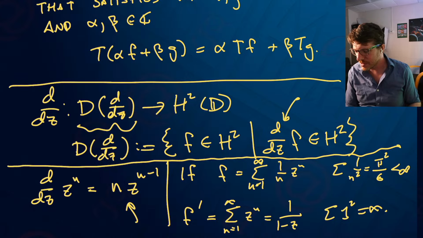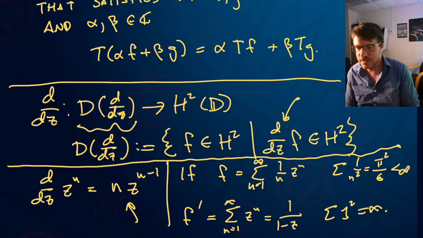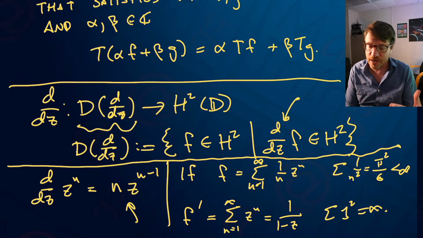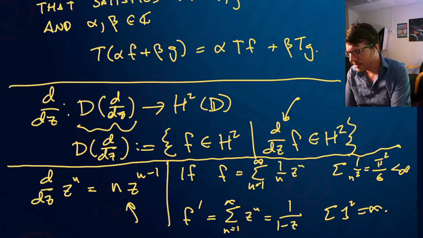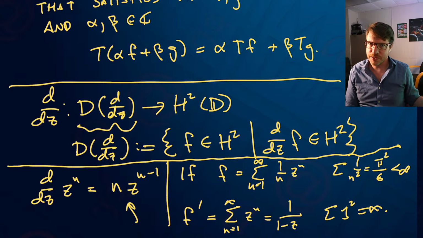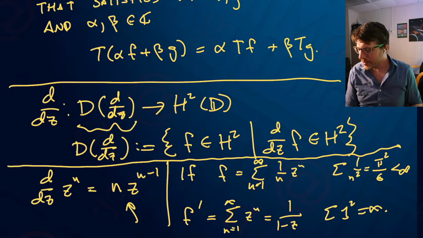And so that gives you this. When you define the domain like this, it actually turns out that the derivative operation is closed, which is pretty nice. But that's another property that we'll talk about another time, when we really want to dive into densely defined operators.